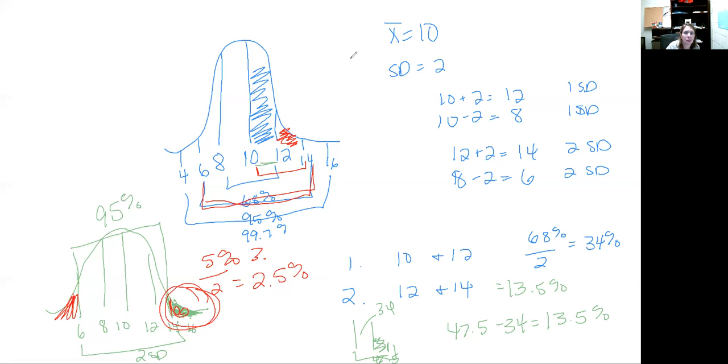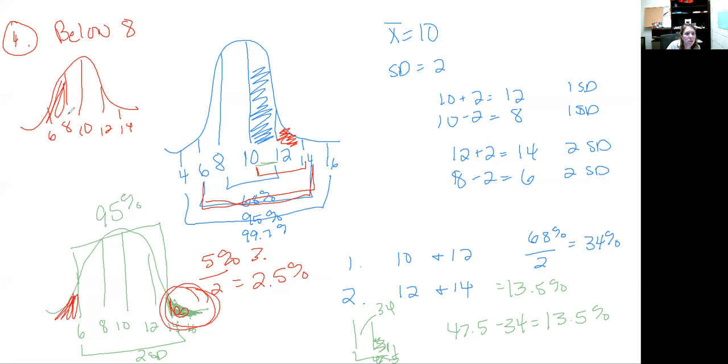Okay. All right, I'm gonna do one more. Let's do number 4 up here at the top. We want below 8. So we want below 8. Okay, so I'm gonna draw my normal curve. Here's 10, here's 12, here's 14, here's 8, here's 6, okay? We want just this part right here.